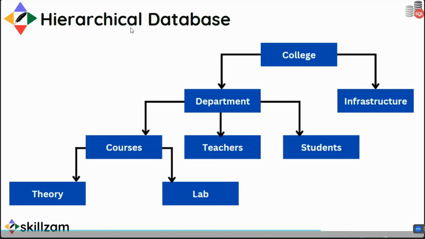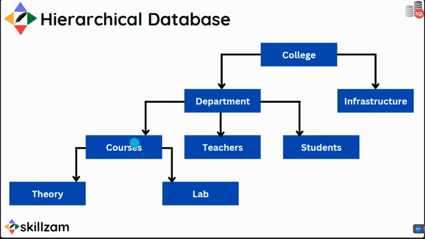Now, this is a pictorial representation. So here, college is at the top. Okay, this is a parent. It contains two children. College can have a department and also infrastructure like library, auditorium, and all that. And then this department in turn can have courses, it can have teachers or the staff, and it can have the students. Okay.